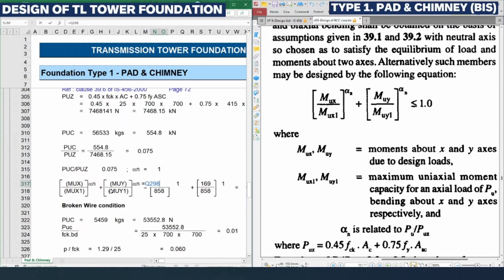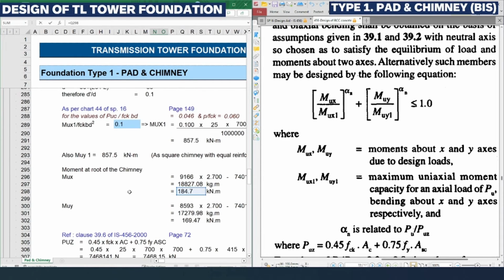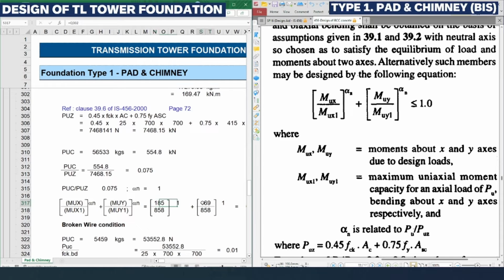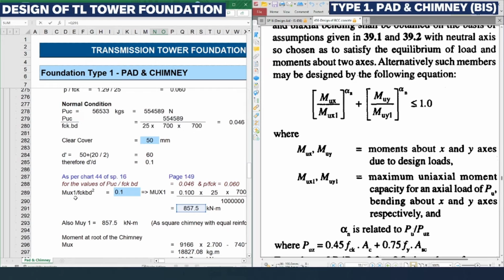So this MUX we have already calculated, which is a design load from the chimney or through structures. 184 and this 169.47 are the MUX and MUY respectively, and accordingly we had calculated this bending capacity based upon that chart 44 in SP16 code.